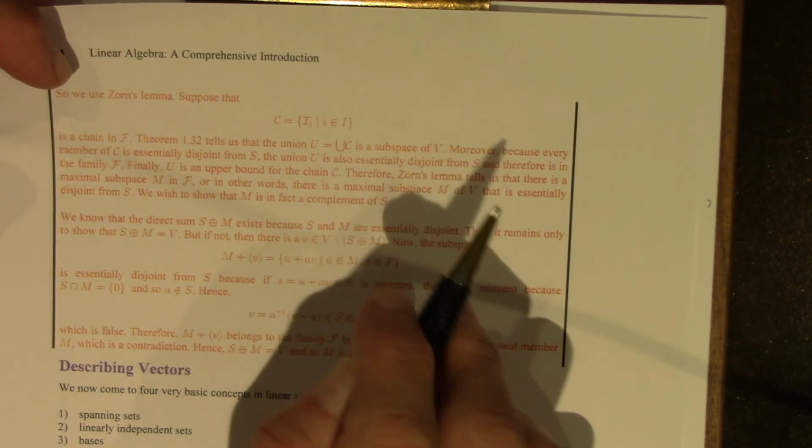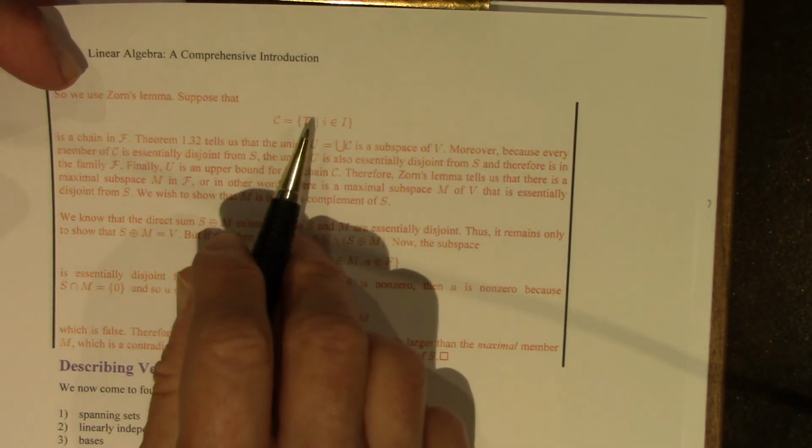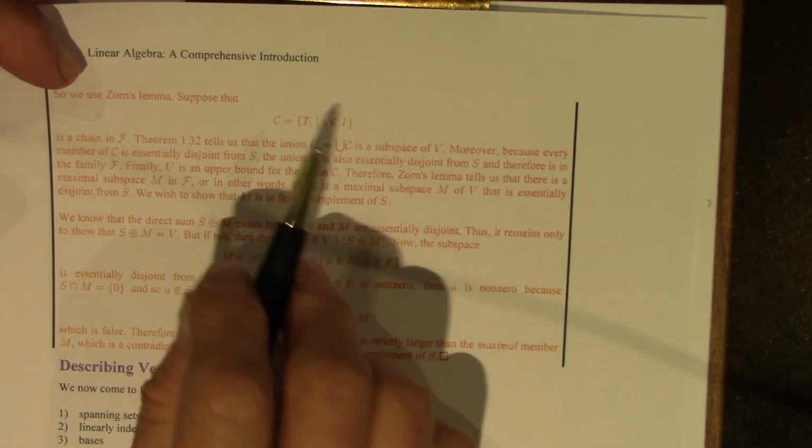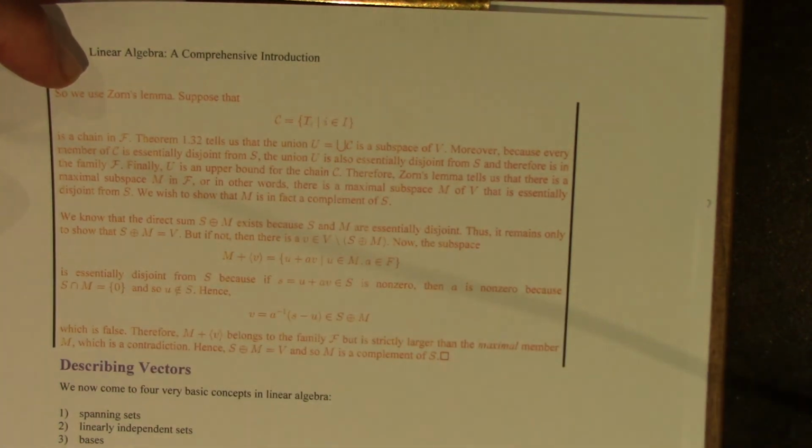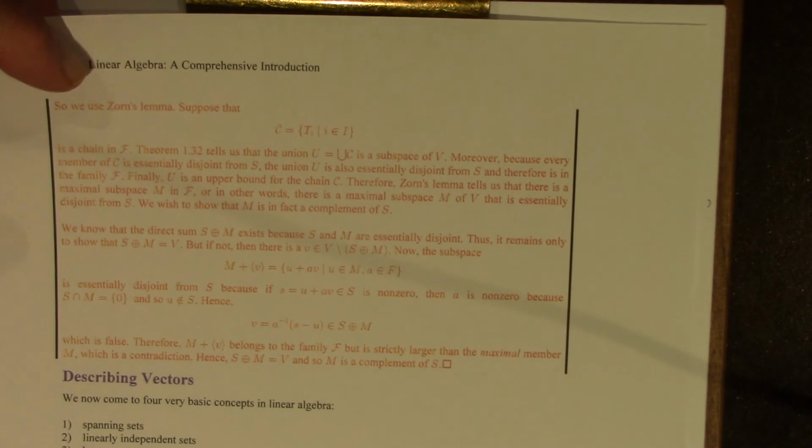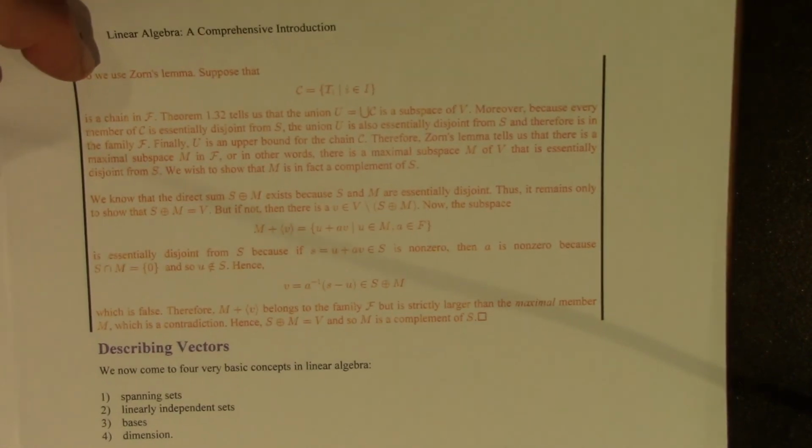Moreover, because every member of this chain is essentially disjoint from S, the union is also essentially disjoint from S. And so it belongs to the family.